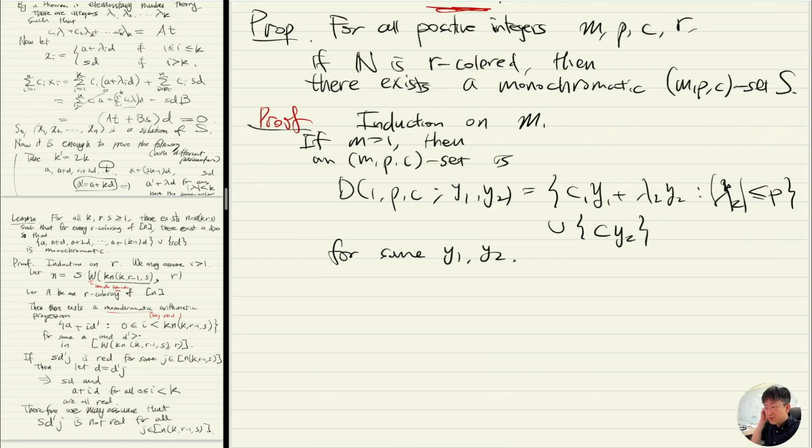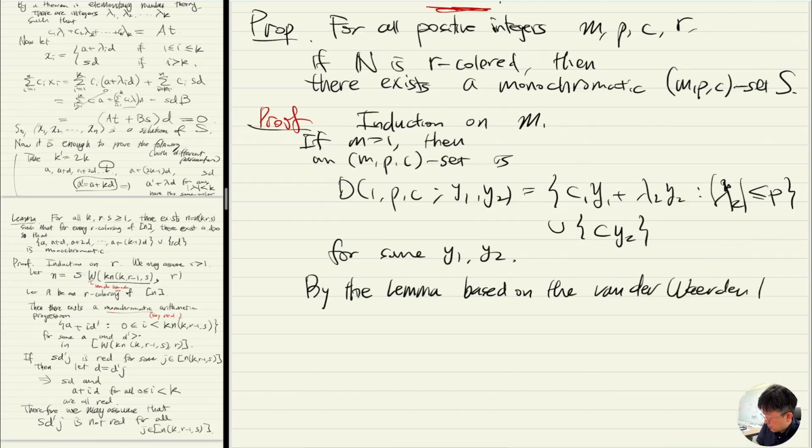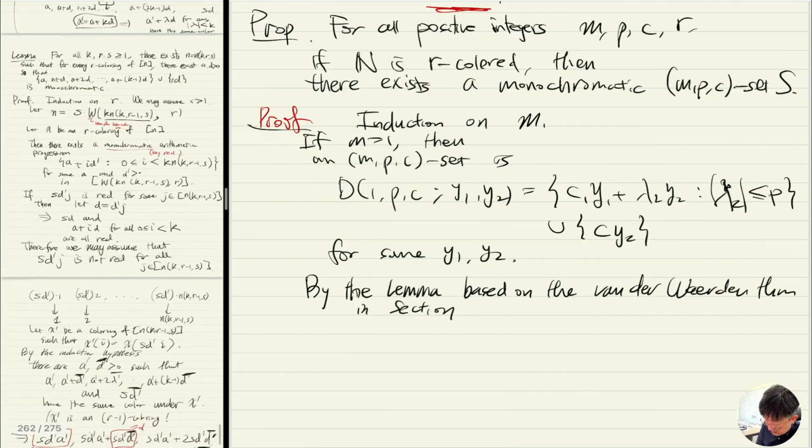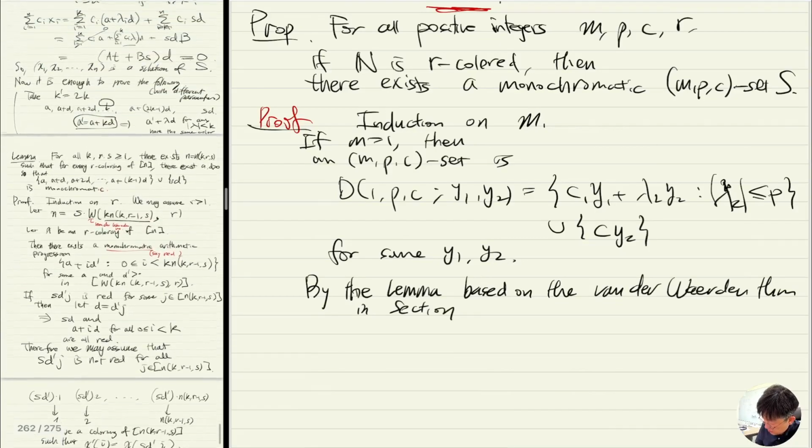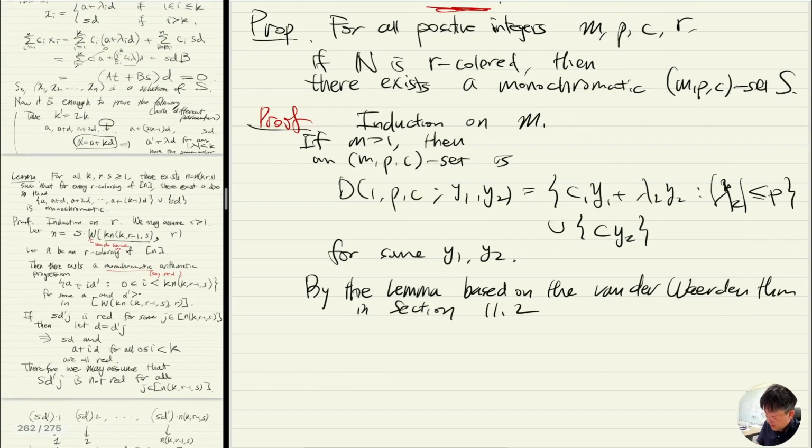All right, so what we do is, by the lemma based on the van der Waerden theorem in section 11.2, there's a monochromatic 1pc set, right?